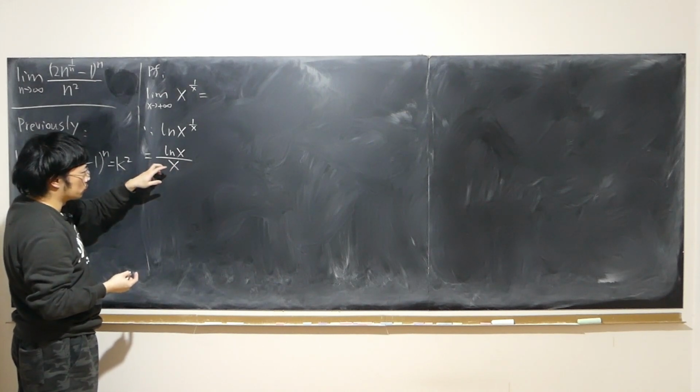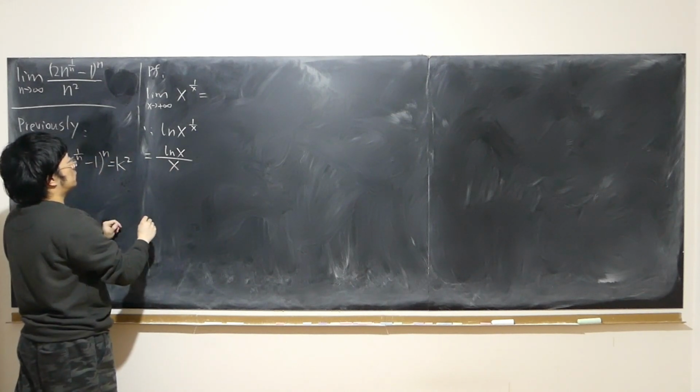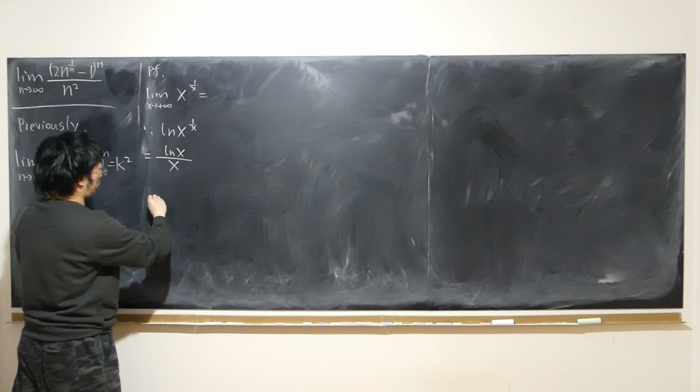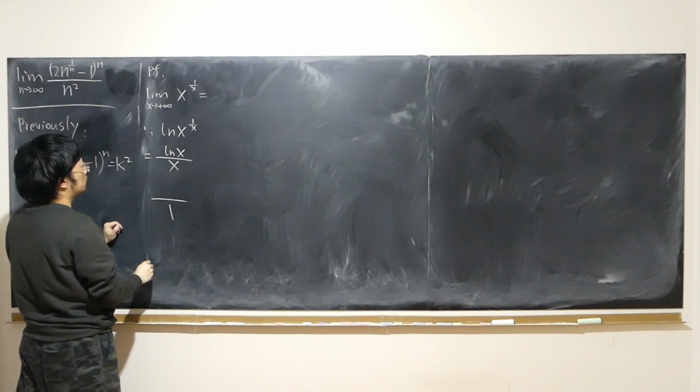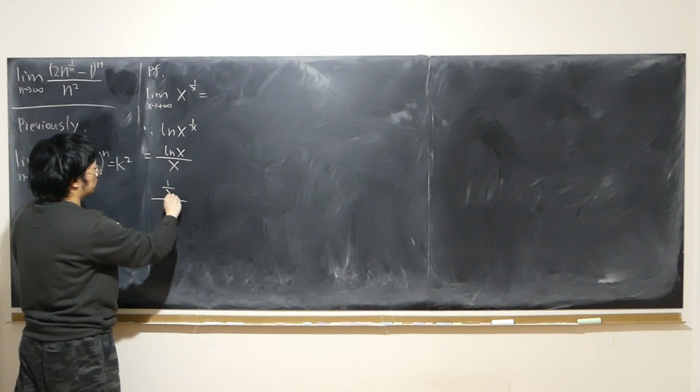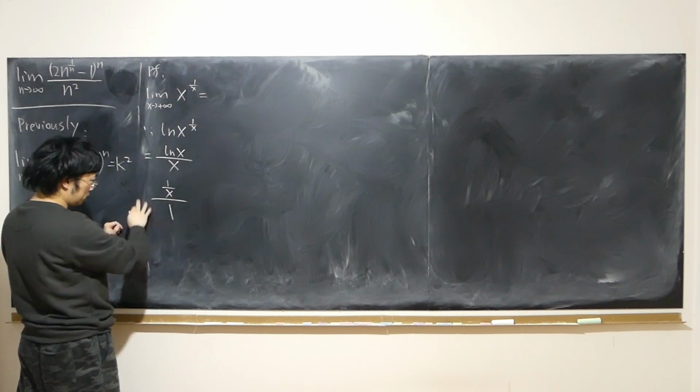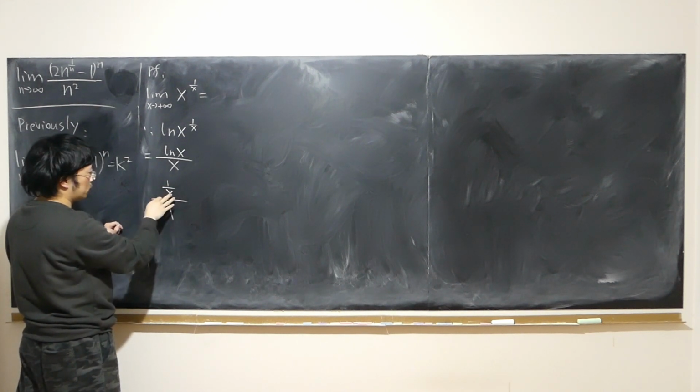So L'Hopital's rule: if we just differentiate both top and bottom, we have 1 on the bottom, and on top we have 1 over x. What's its limit as x approaches positive infinity?